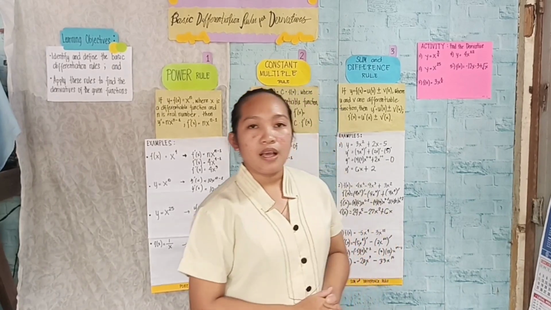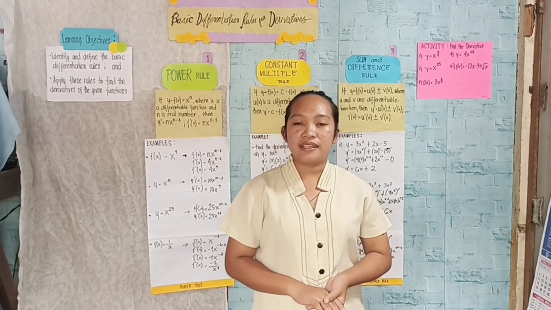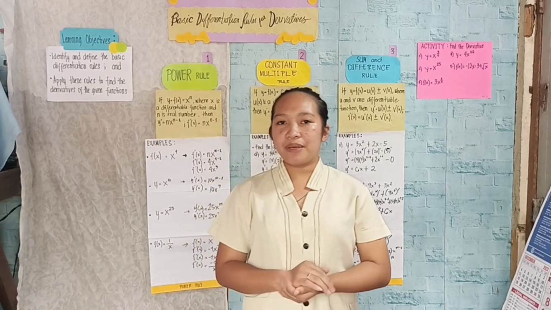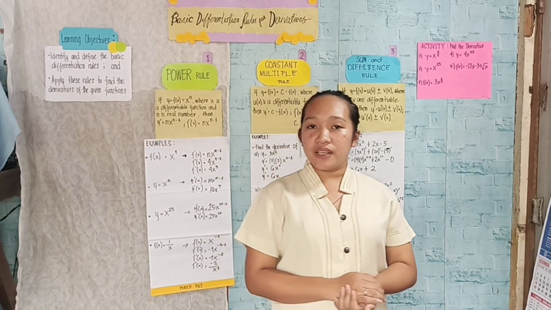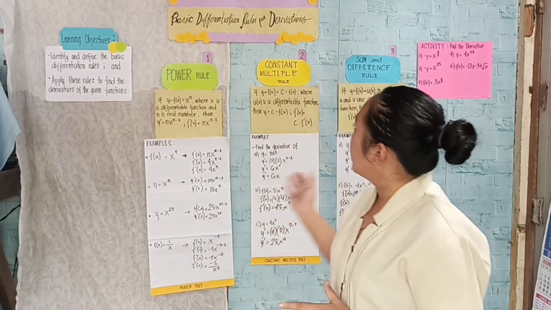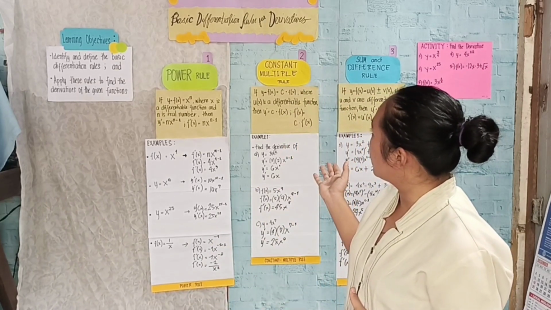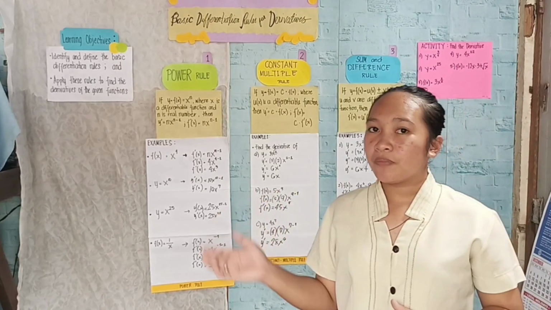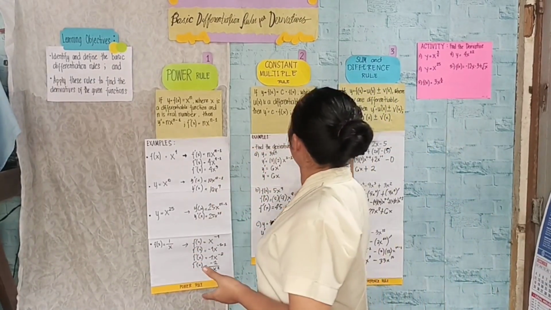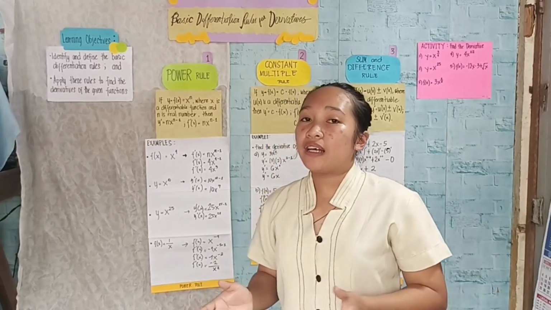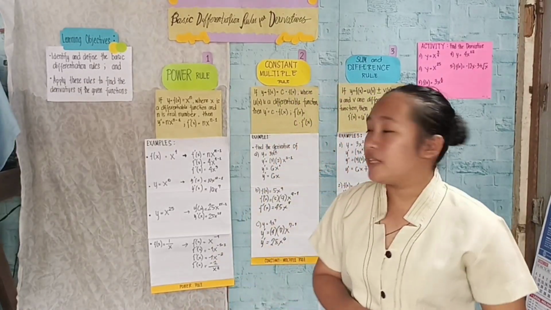Okay, everyone, listen. Our assignment for next week is to do some research on some of the basic differentiation rules for derivatives. This is not all of them, these are only the basic rules for differentiation.